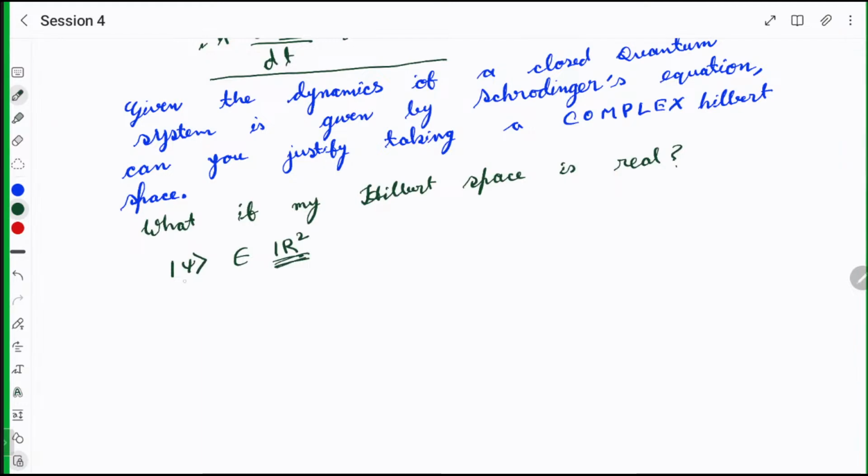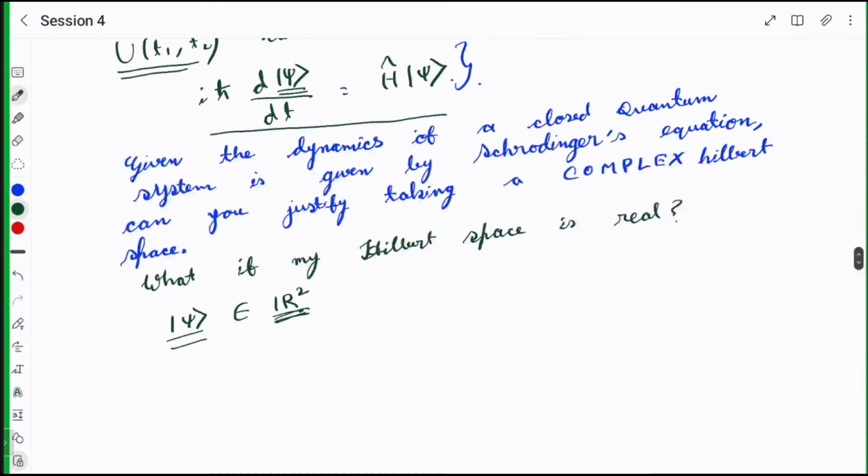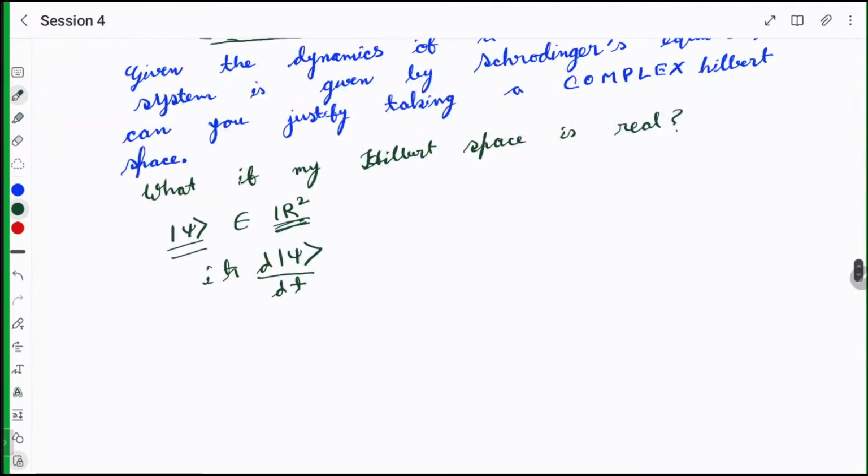So if I have a state like this, then what is the left hand side of my Schrodinger equation? It says iħ dψ/dt. If psi is real and we have an i here, this is imaginary.